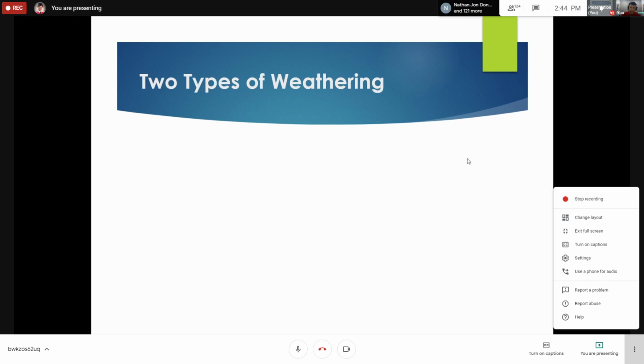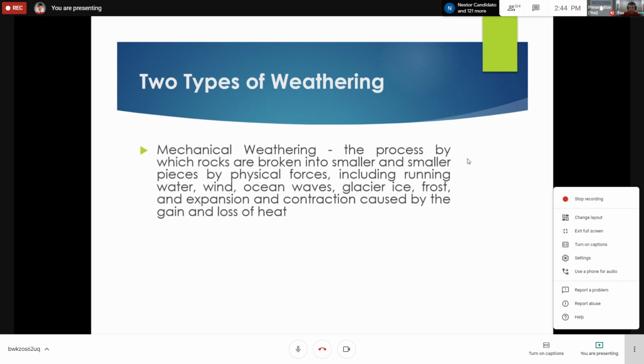Actually there are three, as in your geology, but we count two because the third one, biological weathering, can be considered mechanical weathering, as long as the chemical composition of your rock or that particular soil is not changed. That is called mechanical weathering.